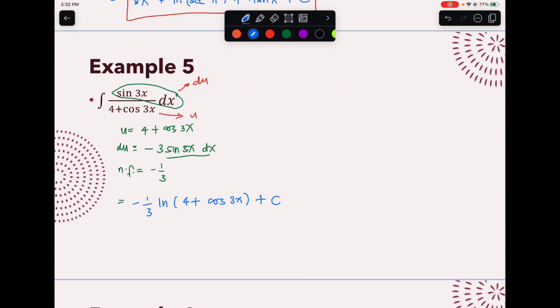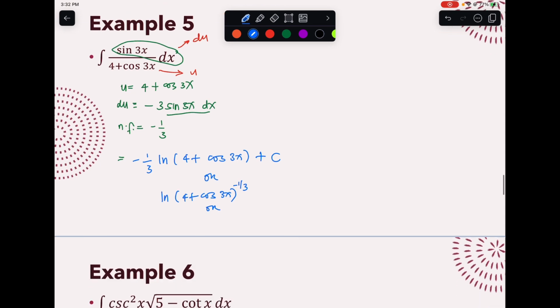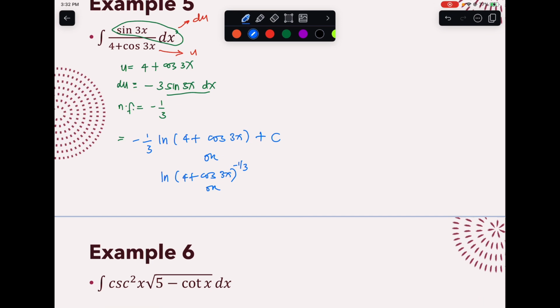So we could have this one, or we can move up. So we can write this as well as ln of 4 plus cosine 3x, and then raise it to negative 1/3. Or we can make this one as 1 over 4 plus cosine 3x raised to positive 1/3.